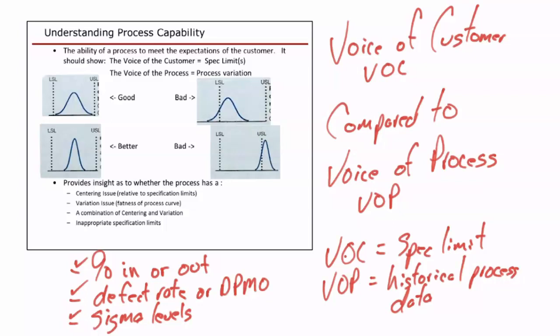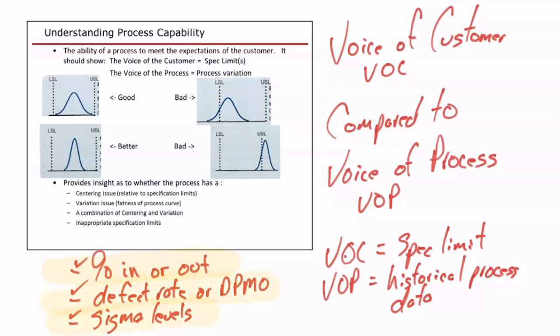In service and transactional, I'm probably looking more at percent in or percent out. My audiences just understand that concept better. In manufacturing and production environments, I may be looking at defect rates, DPMO, or sigma levels of performance because those terms are used frequently and well understood by my audiences.